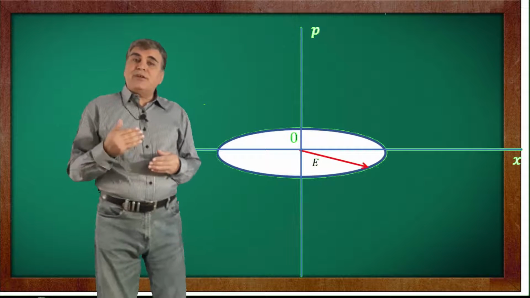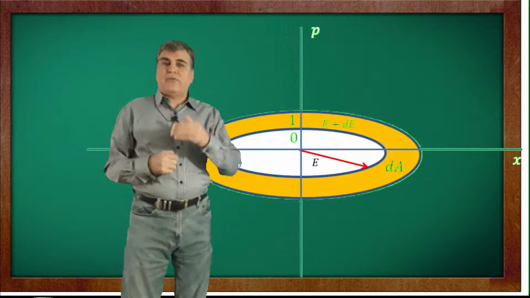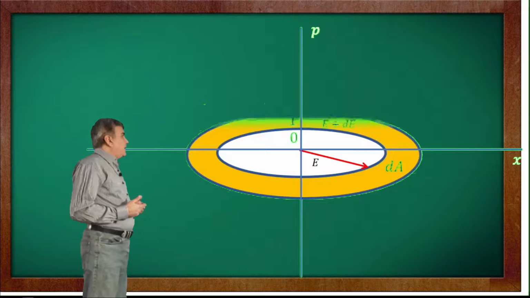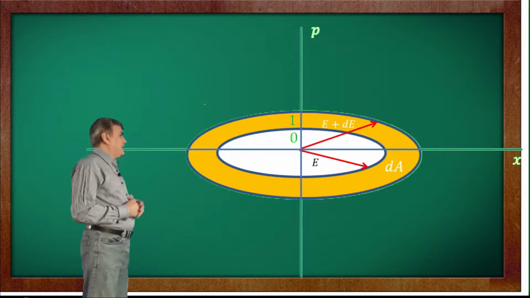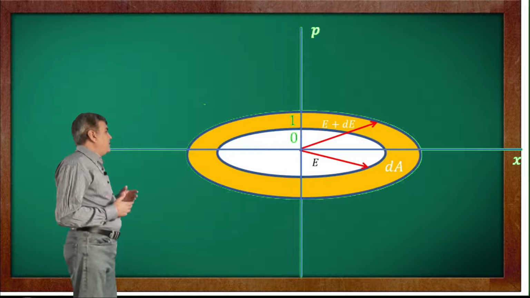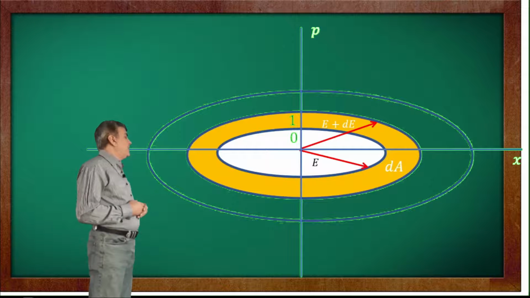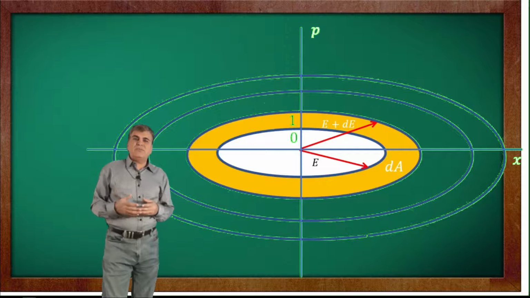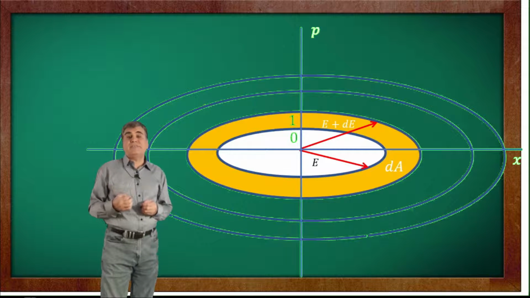In other words, the energy of the oscillator varies from curve to curve. If E stands for the energy of an ellipse, then the energy of the subsequent ellipse would be E plus dE. That is, the strip of differential area dA can be linked to the differential energy dE, or the change in energy of the oscillator. And each point on a single curve then represents the instantaneous state of the oscillator with fixed energy E.